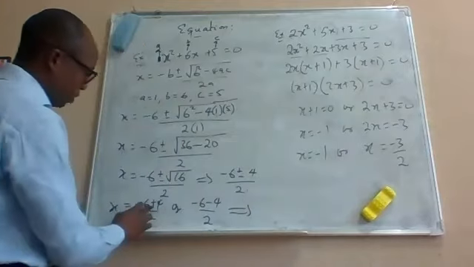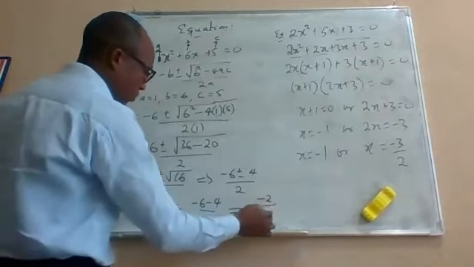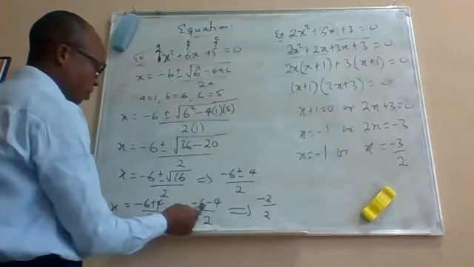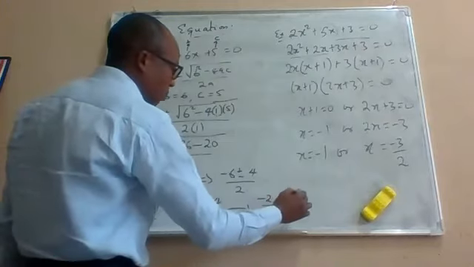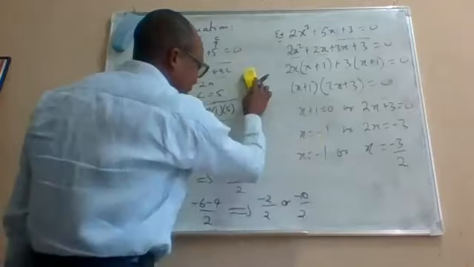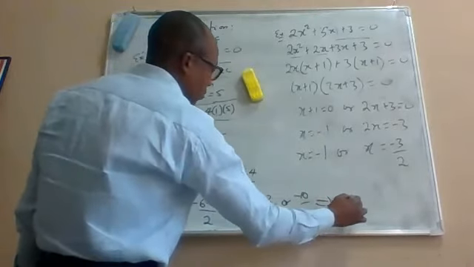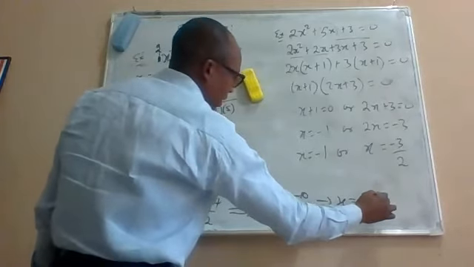Minus 6 plus 4 will give you minus 2, so this will be minus 2 all over 2. Then for the other one, minus 6 minus 4 will give you minus 10 over 2. So by the time you divide, S is now equal to minus 1 and minus 5.